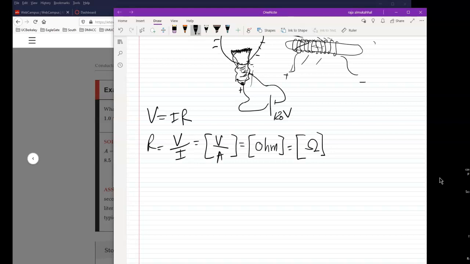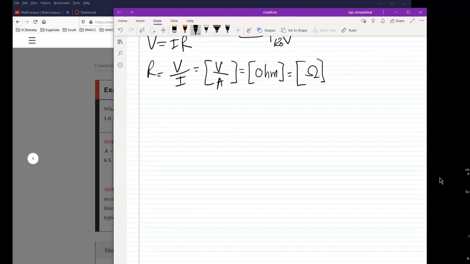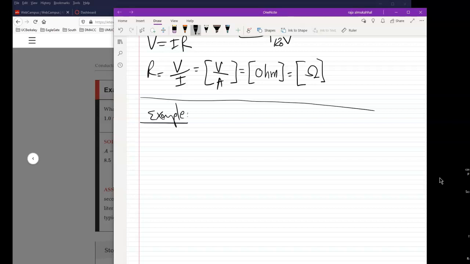Here's an example. We have a flashlight bulb, that is, a resistor.